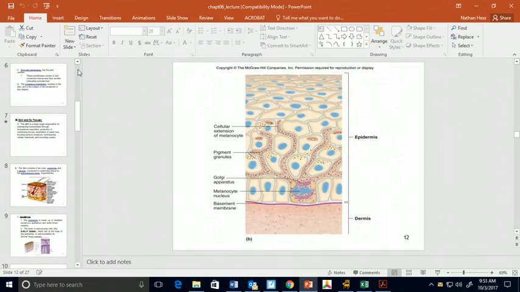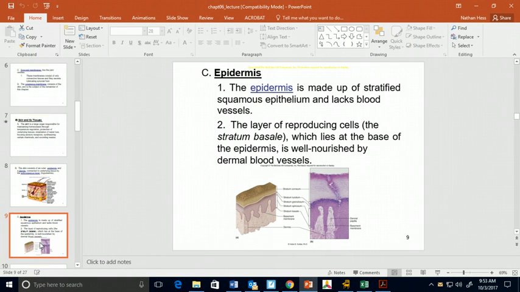All right. Back to this picture here. As we move up the layers, where am I at in your textbook? 130. Thank you. The stratum basale, as I move superficial, you have the stratum spinosum. I can't hardly read it because it's so small on my picture up there. My apologies.